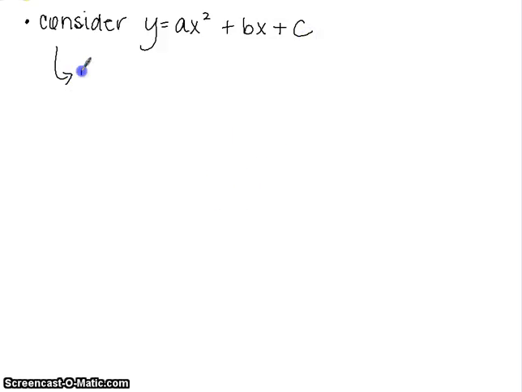First of all, the y-intercept, again where it crosses the y-axis, the y-intercept is c. So whatever that number is, whether it's a 2 or a -4 or whatever it happens to be, that's going to be your y-intercept. That's where your parabola is going to cross that y-axis or touch that y-axis.